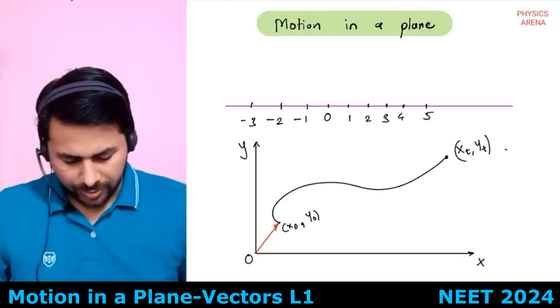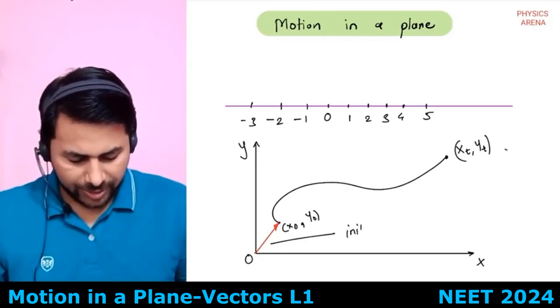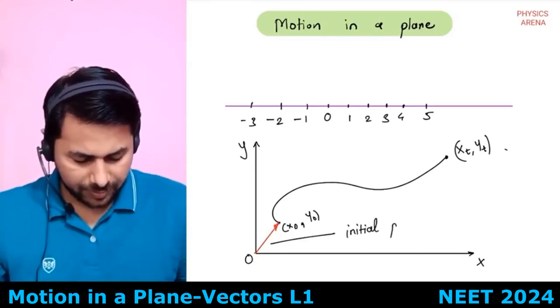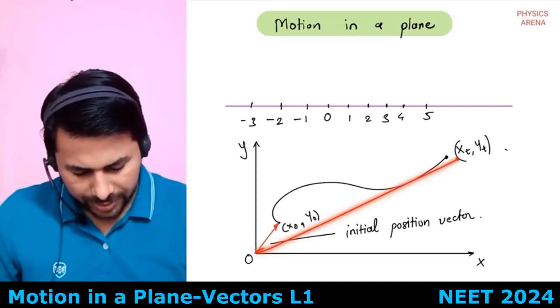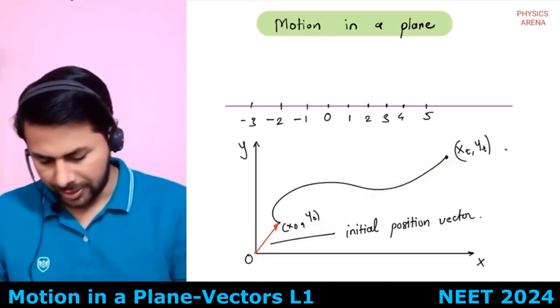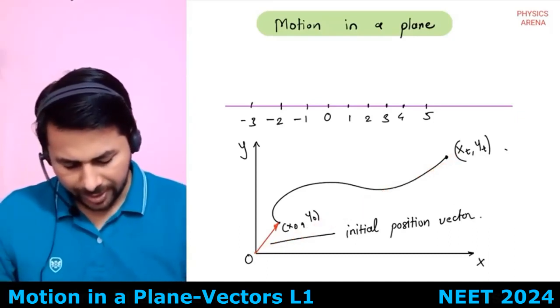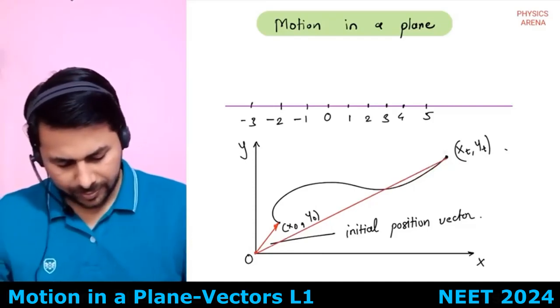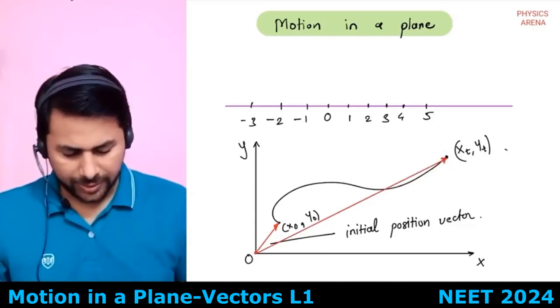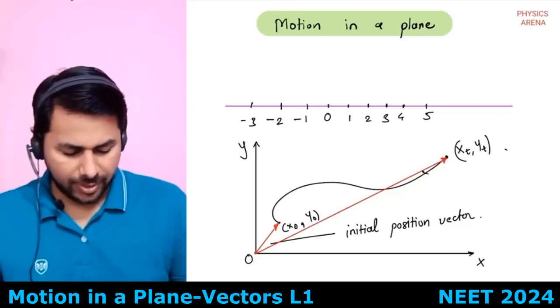So this is the initial position vector, and this is the final position vector. If I join this line, this will be the final position vector.